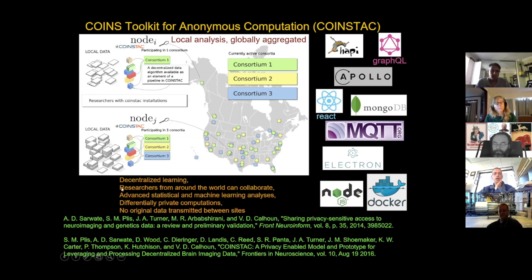And so it allows you to collaborate with researchers around the world. It lets you do advanced analysis, so you can do machine learning and iterative approaches. You can use different types of privacy, and it doesn't transmit the original data.